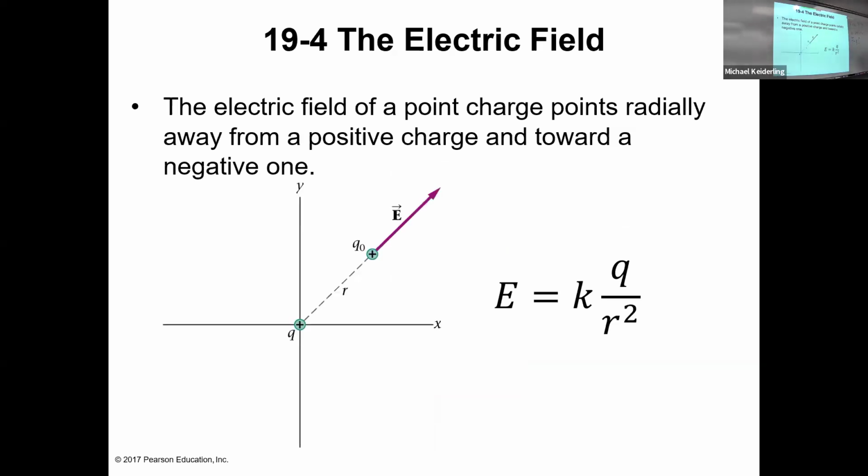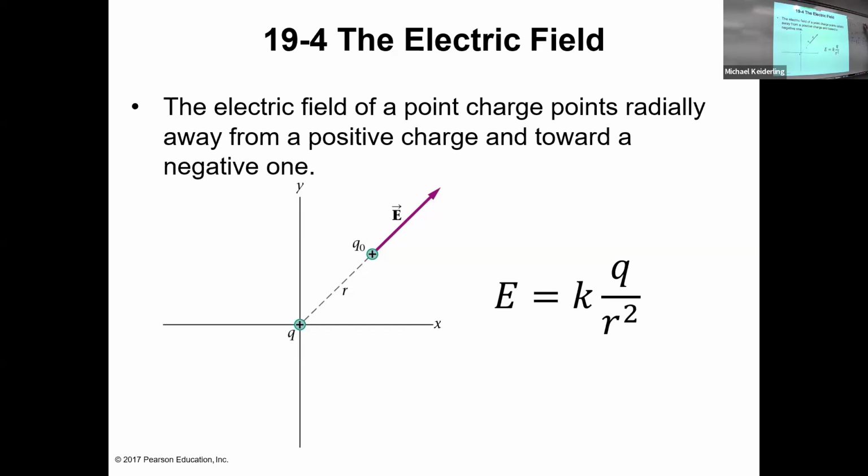And for a point charge, the electric field is kQ over radius squared. And you can put a little r hat for the direction. That just means radially from the point charge.